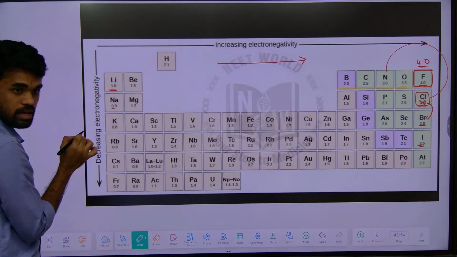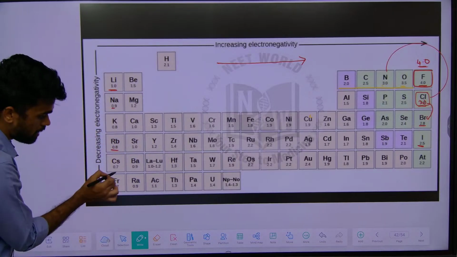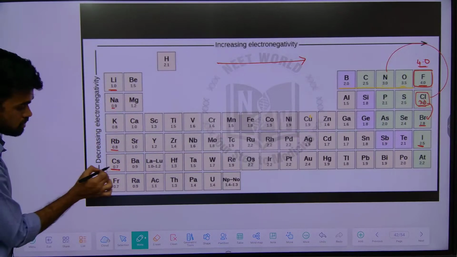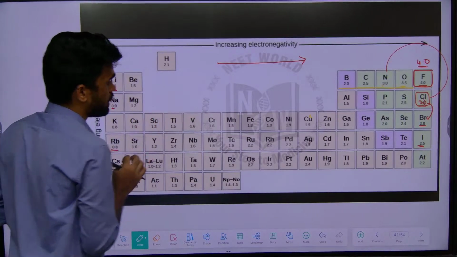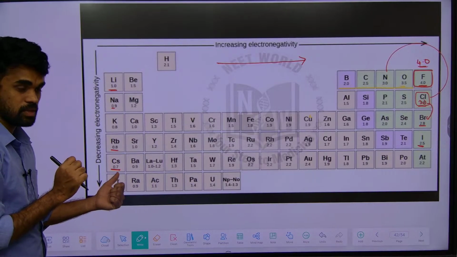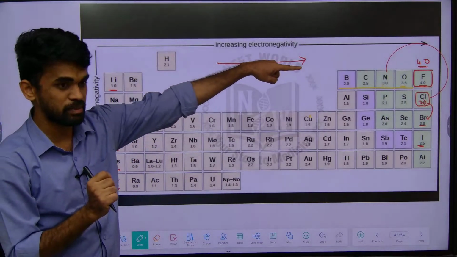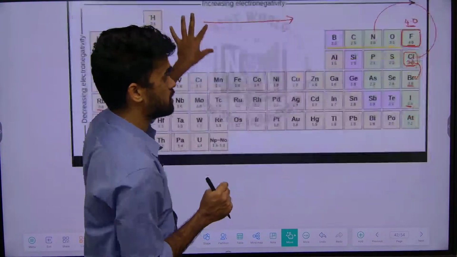So 0.9, 0.8, 0.8, and cesium is how much? 0.7, and francium also 0.7. So the least electronegative element in the complete periodic table is cesium. The most electronegative element in the complete periodic table is fluorine. Okay. So again we will discuss this.